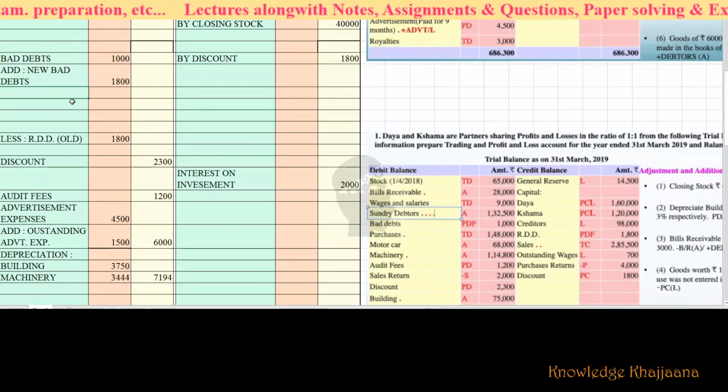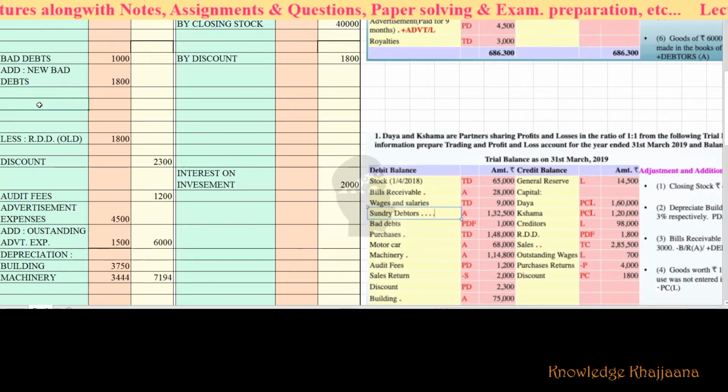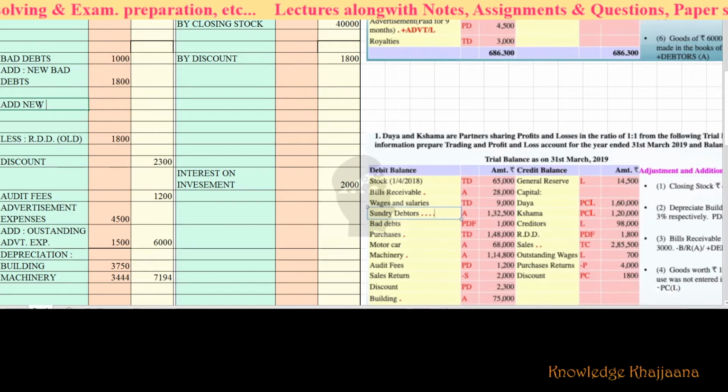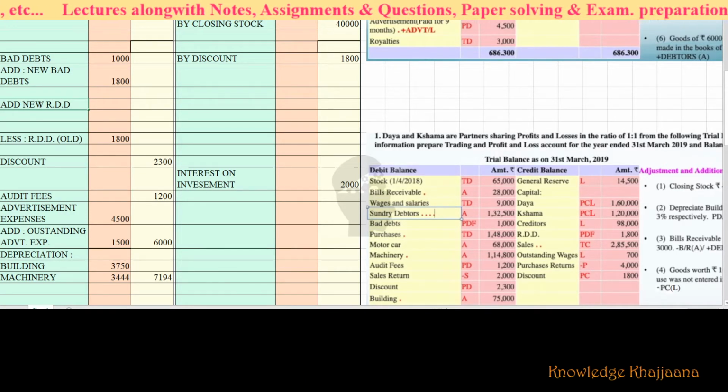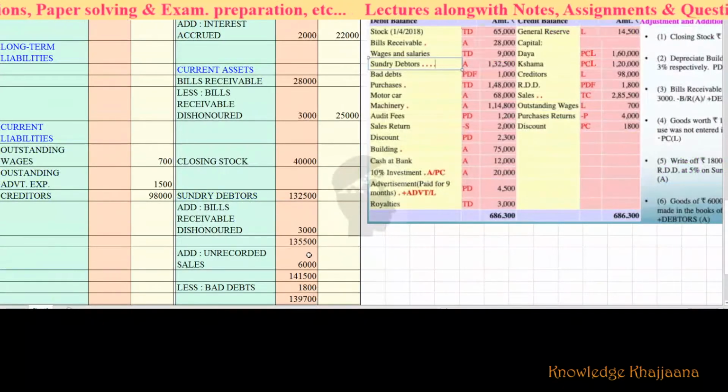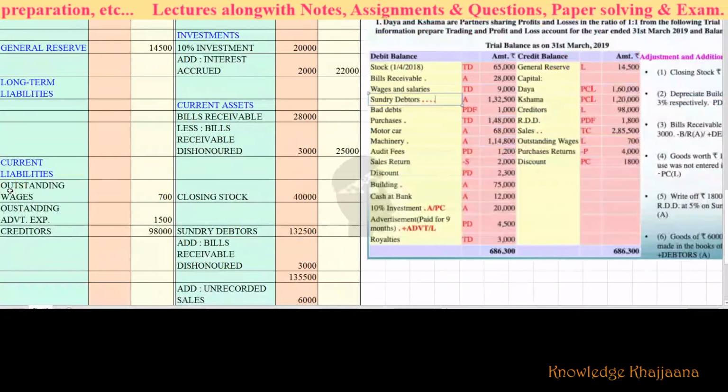Add new RDD. What was the amount? 6,985.